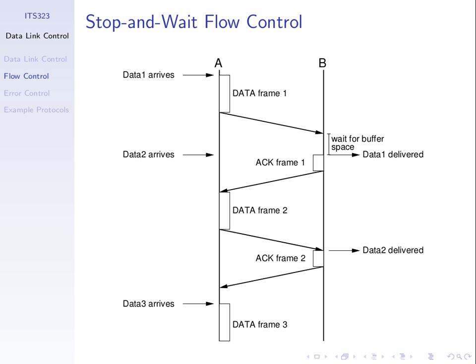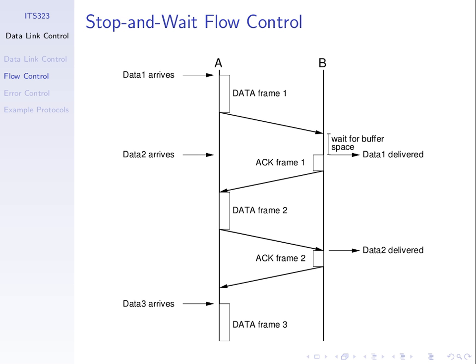Explain the wait for buffer space. Just in this example, what's happened is B received the data. Let's say B has a buffer or memory, and we draw here the buffer, the amount of space available to store a frame.